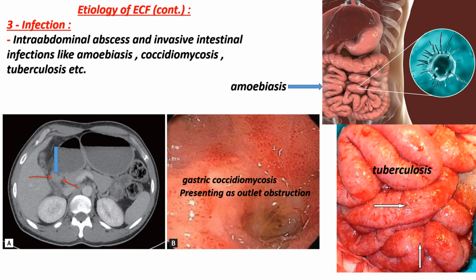tuberculosis, etc. We are seeing here a case of histoplasmosis in the gastrointestinal tract, and we are seeing here gastric coccidioidomycosis presenting as outlet obstruction of the stomach. And we are seeing here fistula due to tuberculosis.